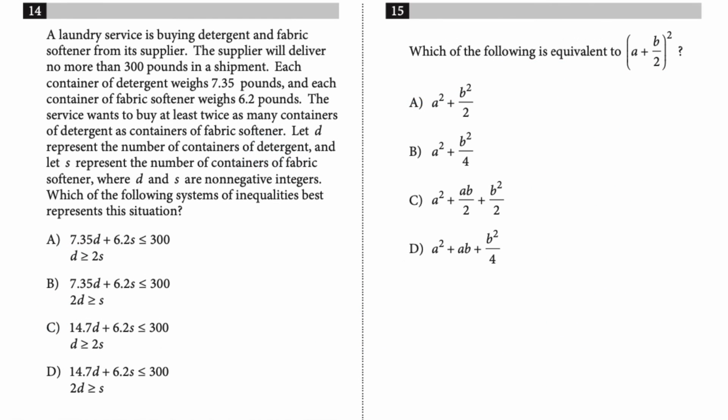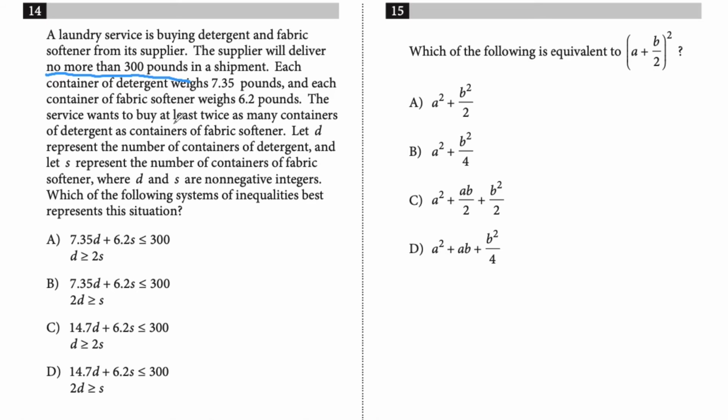Number 14. A laundry service is buying detergent and fabric softener from its supplier. The supplier will deliver no more than 300 pounds in a shipment. I'm going to underline this because this is important. Each container of detergent weighs 7.35 pounds and each container of fabric softener weighs 6.2 pounds.